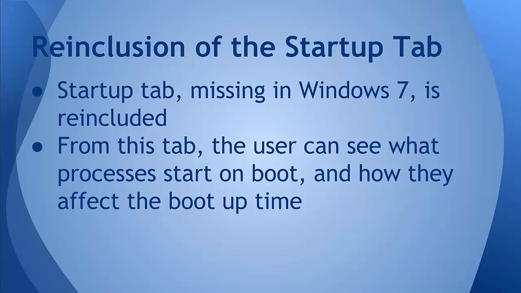There is also the inclusion and updating of the Startup tab, a feature from Windows Vista that was missing in Windows 7 Task Manager. In this tab, the user can see what processes begin on startup and how much they impact startup time. Altogether, these features facilitate and enhance the Task Manager experience.